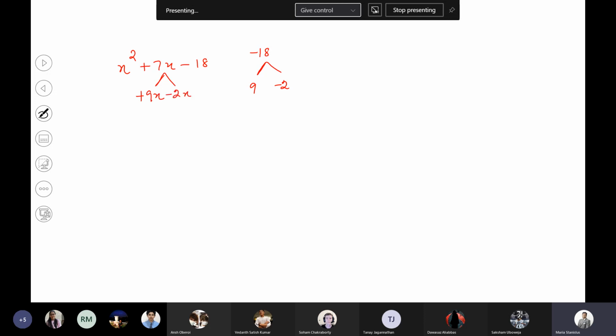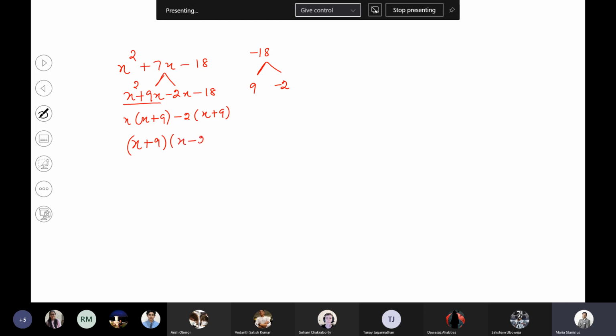So the middle term is split. Therefore, you can group the terms together. So x is a common factor. So x plus 9 minus 2 taken outside, it becomes x plus 9. So now what happens in this is x plus 9 is a common factor from each of these terms.